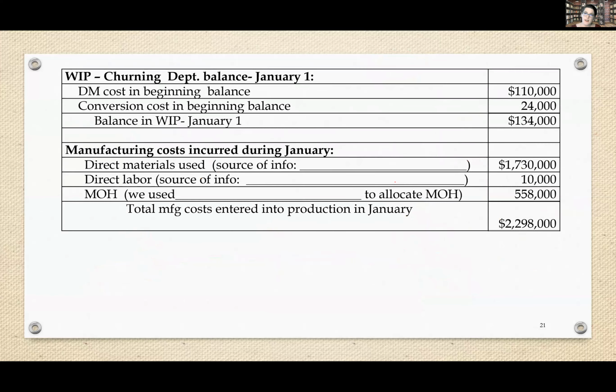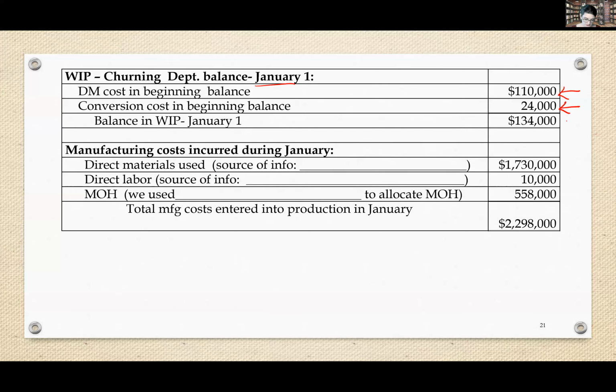Right. Now, that's our unit information. Now it's giving us some financial information. So we're looking here, we see that our beginning work in process on January 1st, we have direct materials of 110,000 and we have conversion costs of 24,000. Right? So our total work in process balance beginning is 134,000. Now we're going to see, so we have what we had at beginning.